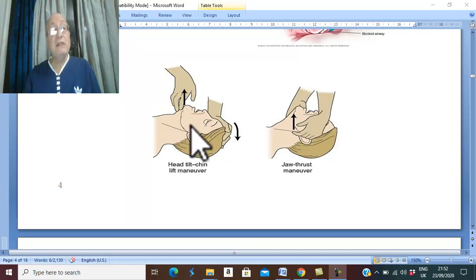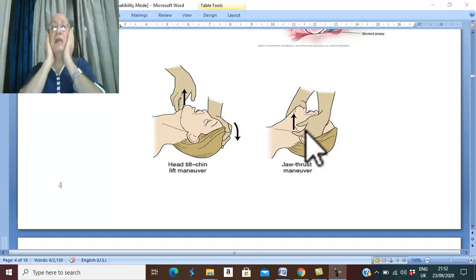If there is suspicion of injury of cervical vertebra, this is better. What is this? This is jaw thrust. Hold the mandible, the lower jaw, and pull the mandible forward.